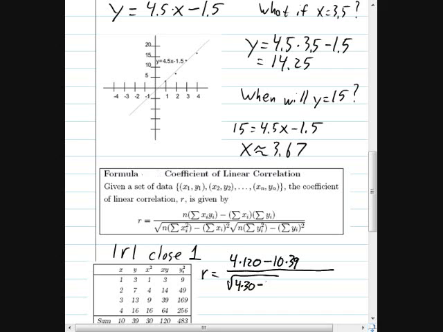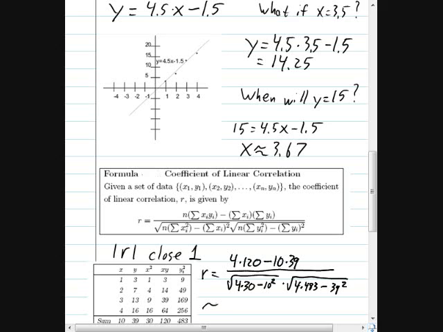The sum of the x's is 10, and we need to square that, times the square root of n, 4, times the sum of the y squareds, 483, minus the sum of the y's, 39, squared.